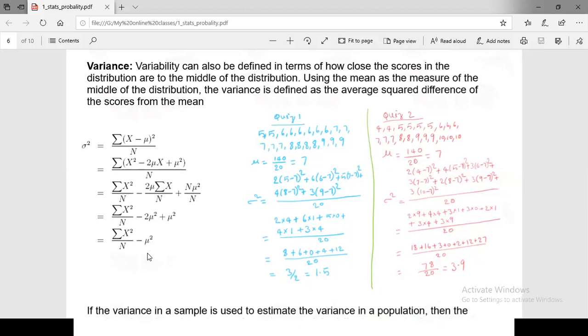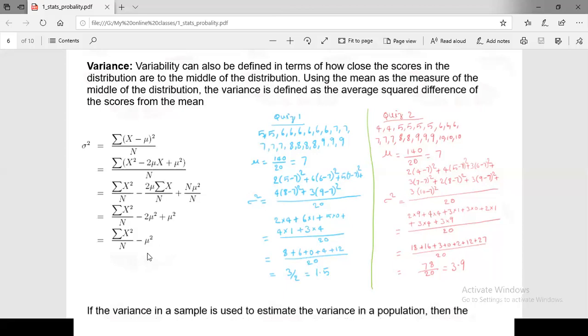Now we have to find the distance between the data point and mu. Whatever the first point is, 5 minus 7 whole square, divided by the total 20.